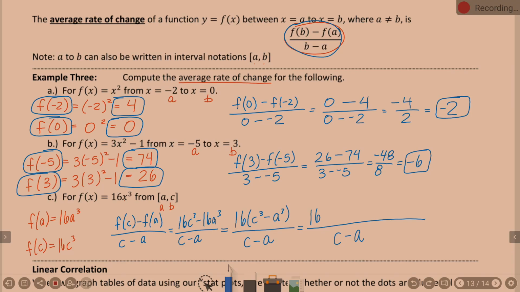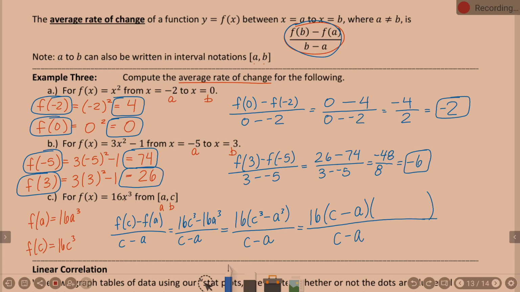C cubed minus a cubed factors into a binomial times a trinomial. First of all, start by taking each cube root. What's the cube root of c cubed? C. Keep that sign the same. What's the cube root of a cubed? A. So my first parenthesis is c minus a. Now, in the second parenthesis, we're going to use these perfect cubes. The first one is the square of the first cube root.